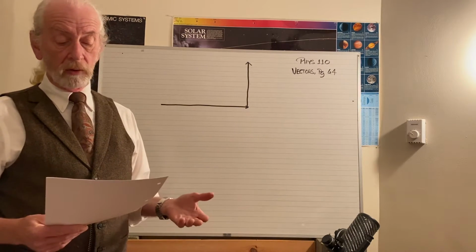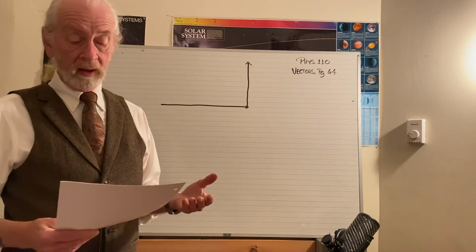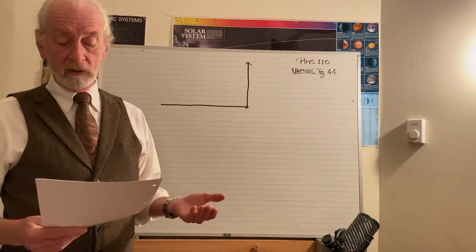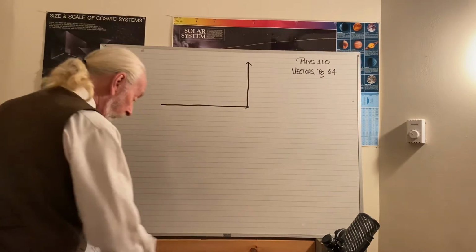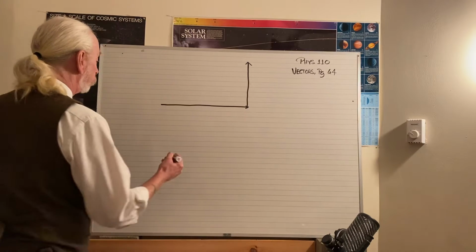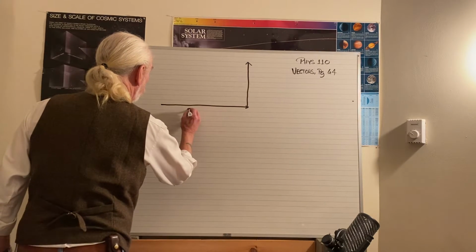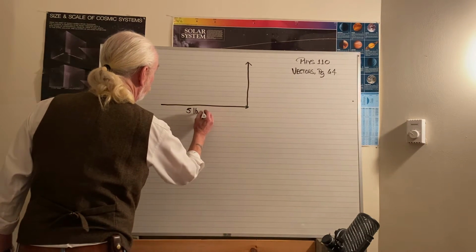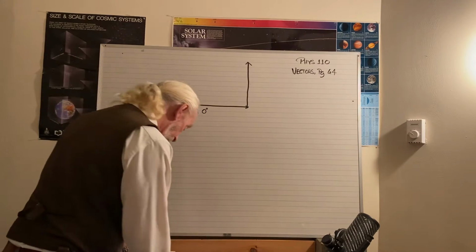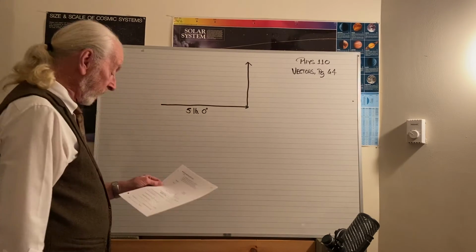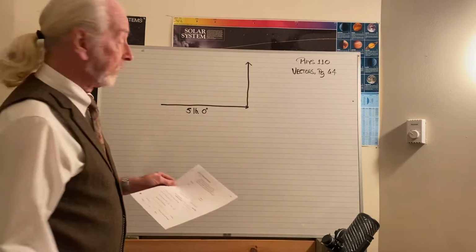We have two bungee cords attached at a common point. Bungee A pulls with 5 pounds of force at 0 degrees. And bungee B, 3.5 pounds at 90 degrees.